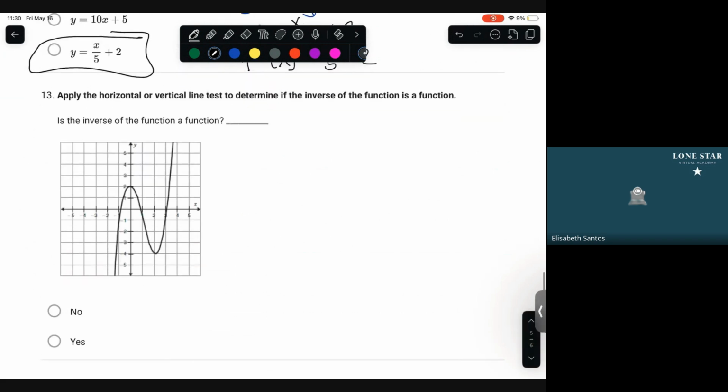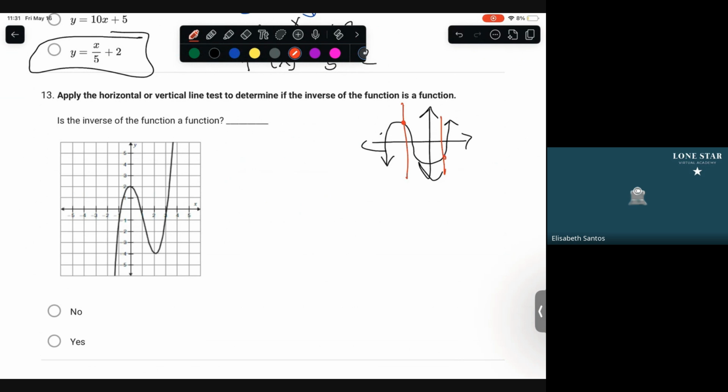Okay, so 13. They say to apply the horizontal or the vertical line test to determine if the inverse of the function is a function. So if you recall in algebra, if we had some crazy graph like this, and you had to determine whether or not this graph was a function, you would do the vertical line test, right?